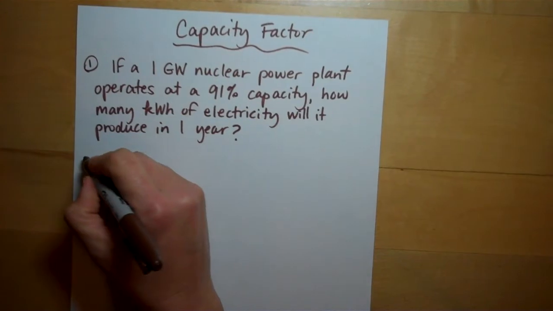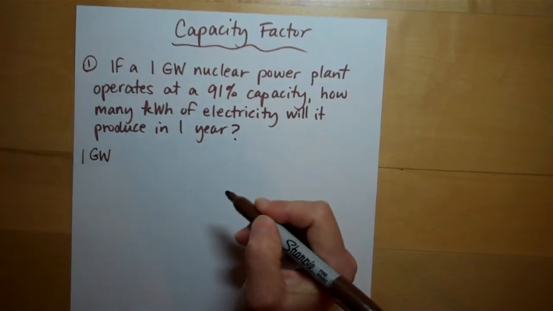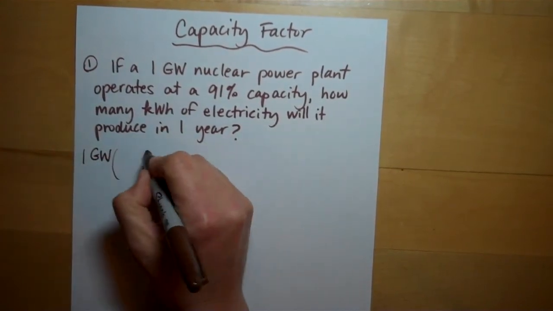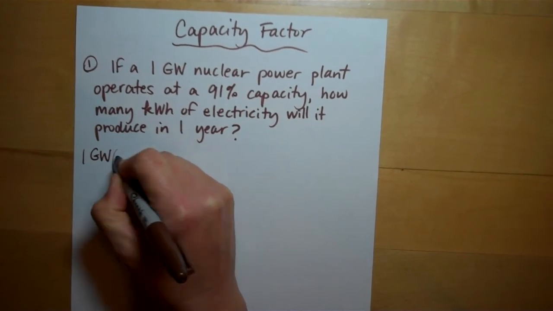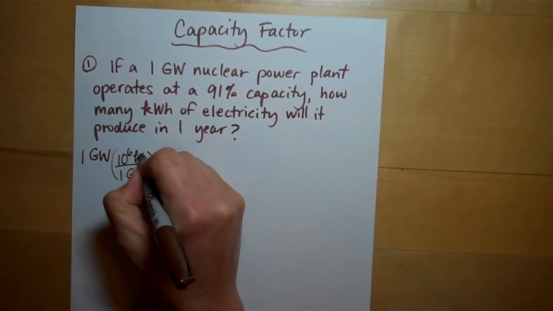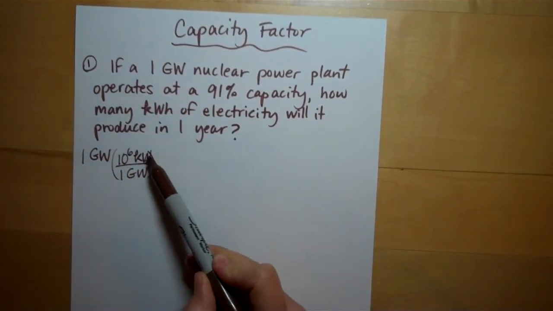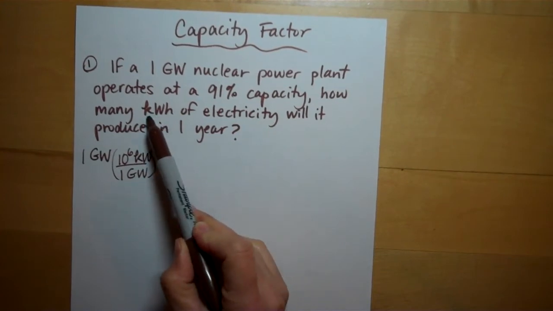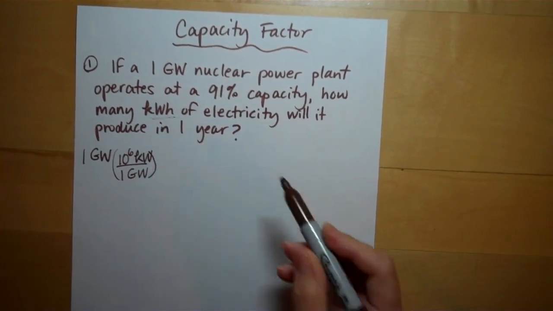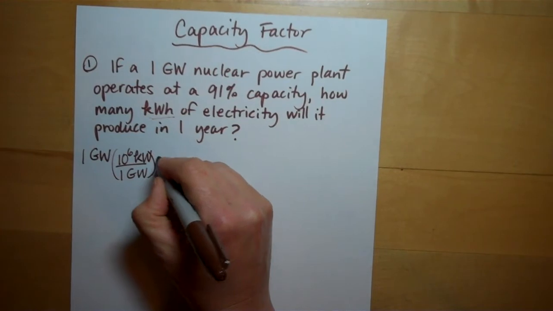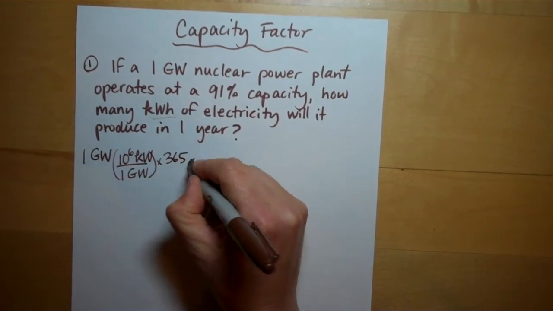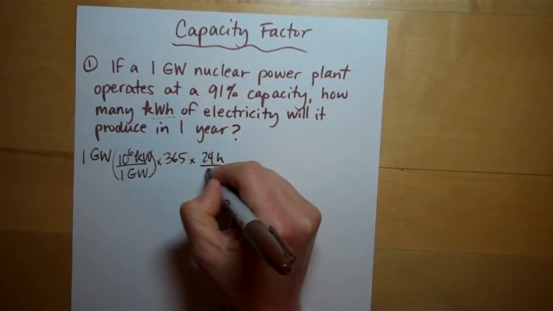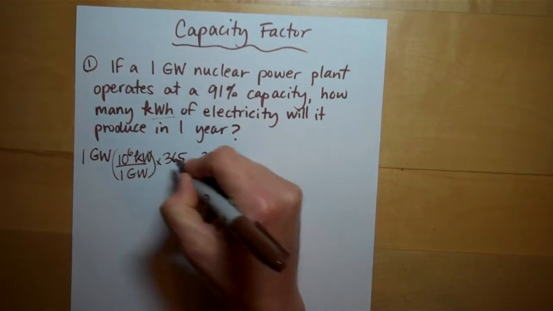So pretty straightforward problem. Here's our 1 gigawatt of power. A gigawatt is the same thing as 10^6 kilowatts. Notice we want to convert it to kilowatts because we need to relate it to kilowatt hours. We're running at 365 days a year, 24 hours in 1 day, but not really.